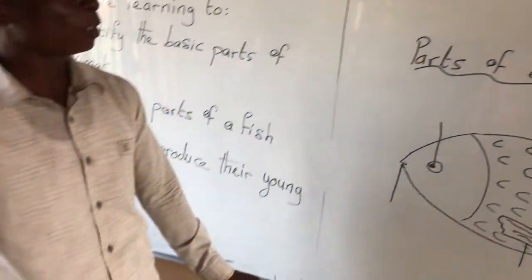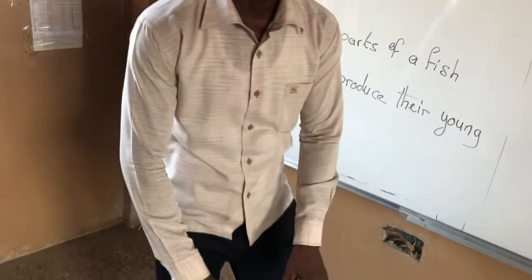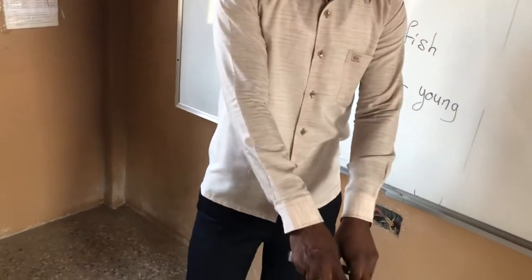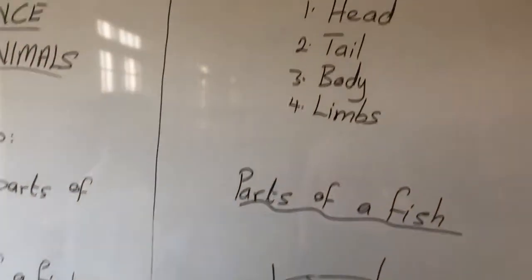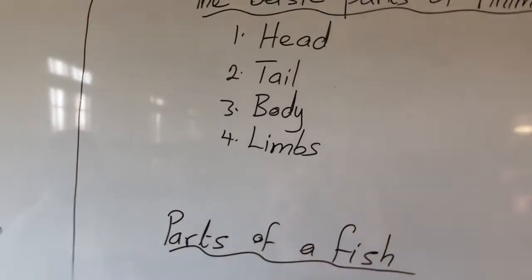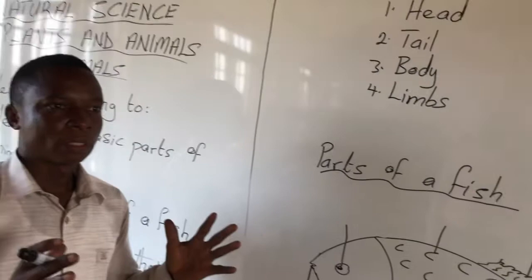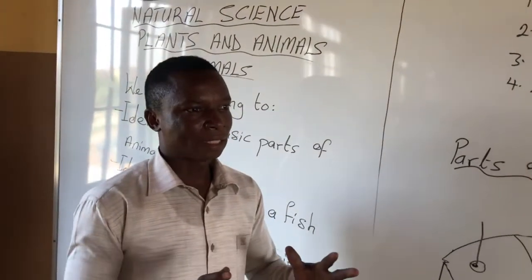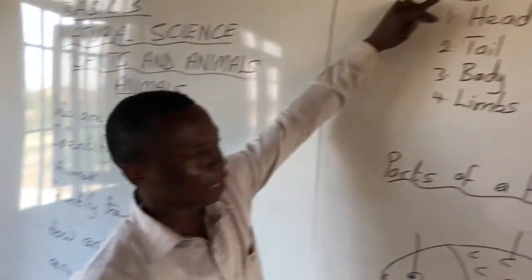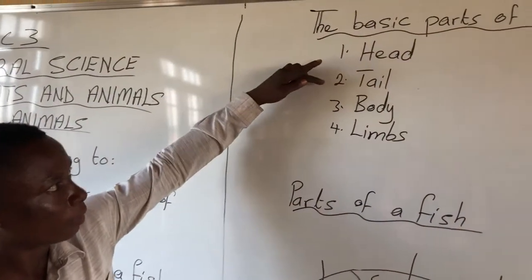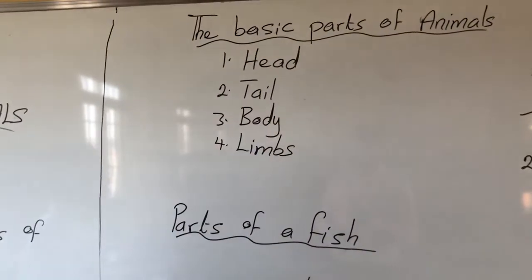Humans have their own head and then the legs, but animals have 2 legs in front and 2 legs at the back. When you look at goat, cow, sheep, elephant, you realize that they are similar in nature. They all have head, tail, body, and limbs.